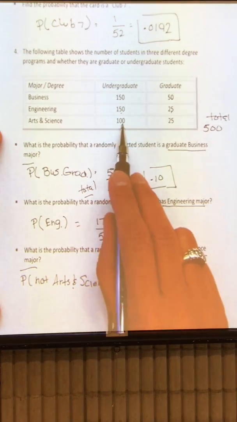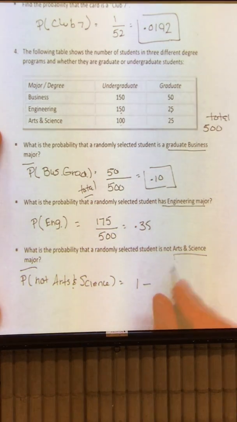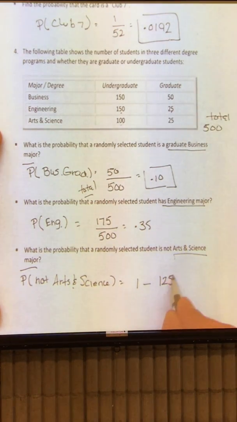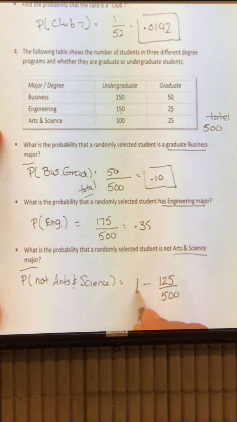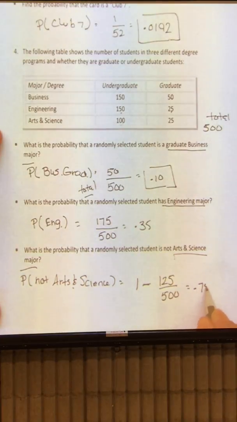In arts and science, you have 100 plus 25, which is 125. So 125 divided by 500. Again, you want to calculate 1 minus arts and sciences, and that answer is 0.75. And this completes Chapter 6, Section 4.